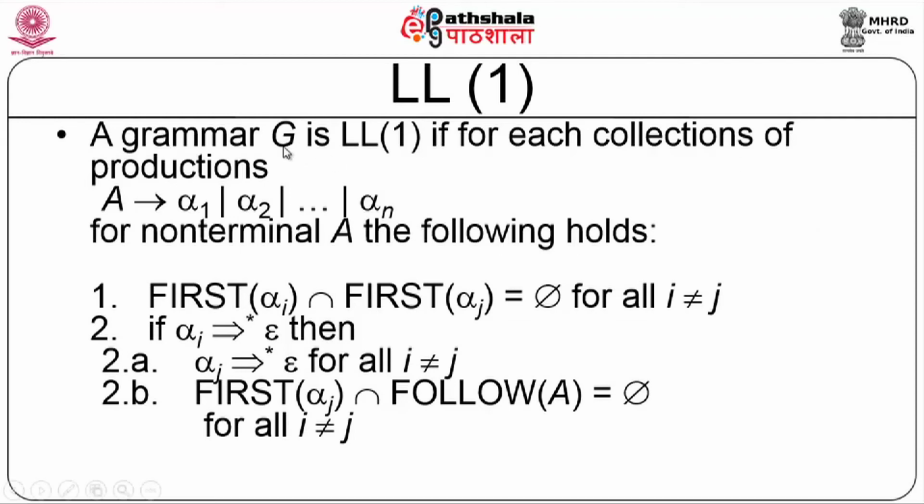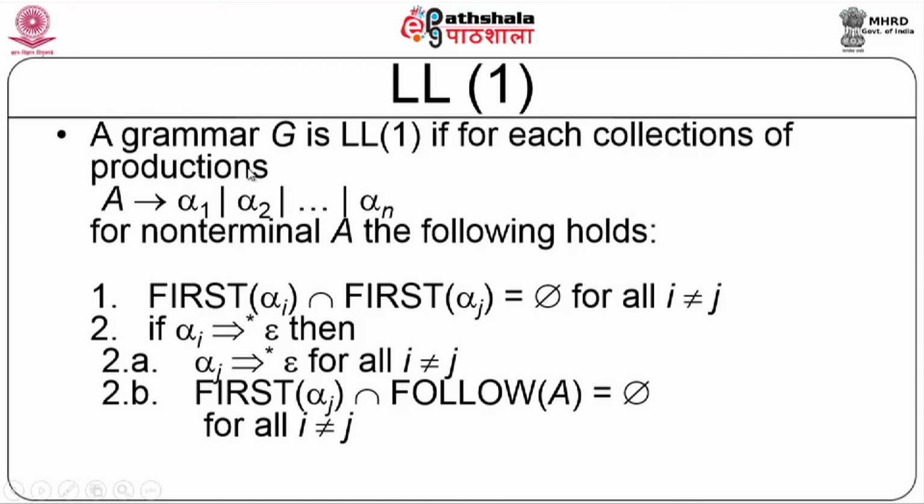Now the characteristics of a grammar which can be parsed using an LL1 parser: for each collection of productions A produces alpha 1 to alpha n, for any non-terminal A, you have to look at two conditions. First, first of alpha i intersection first of alpha j is equal to null, that is, first of alpha 1 and first of alpha 2 should not have anything in common.